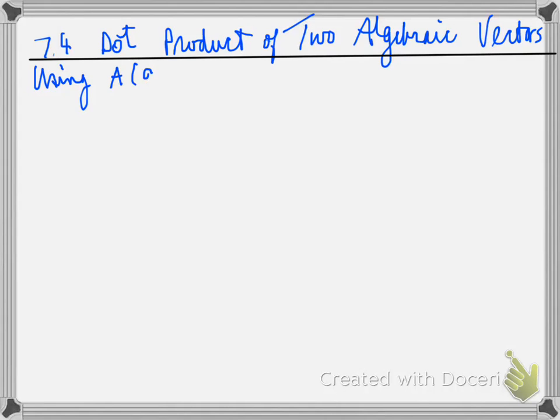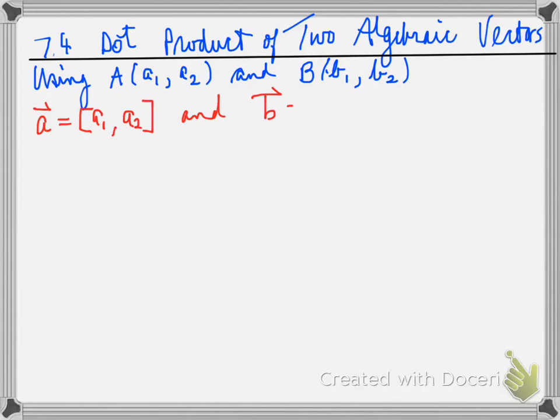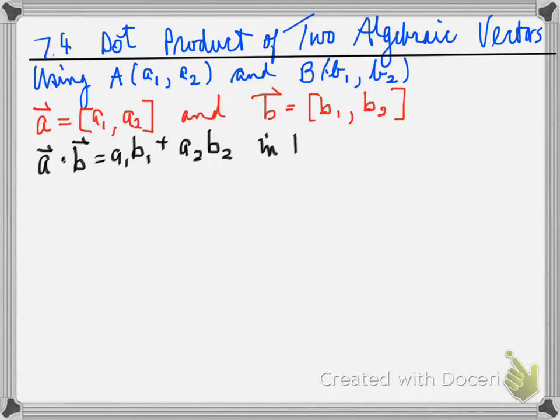If you're using a coordinate system where A is a combination of A1, A2, and B is a combination of B1, B2, we can determine the component vector for A as A1, A2, and vector B as B1, B2, such that the dot product of these two is A1 B1 plus A2 B2 in R2.